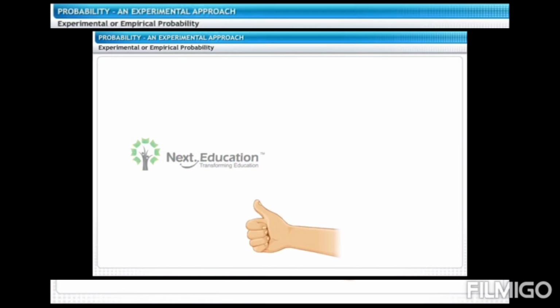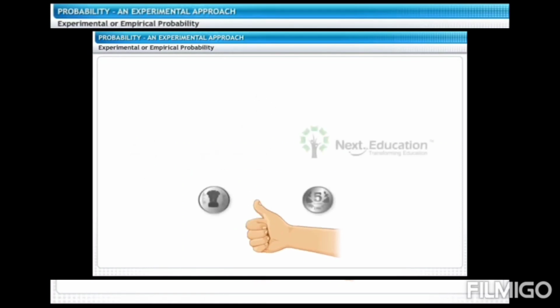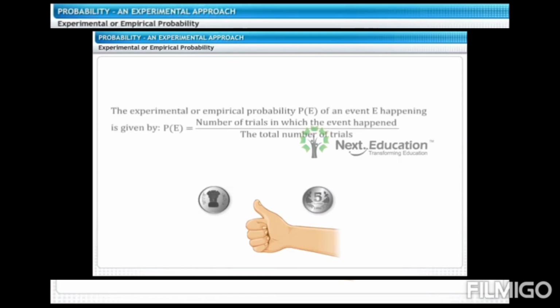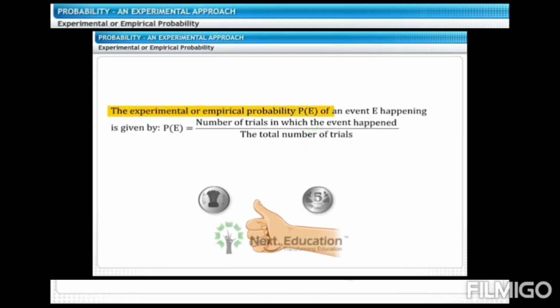Please note that empirical probability is found on the basis of what we directly observe as the outcomes of our trials or experiment. In an experiment, let n be the total number of trials. The experimental or empirical probability, P of E, of an event E happening is equal to the number of trials in which the event happened divided by the total number of trials.